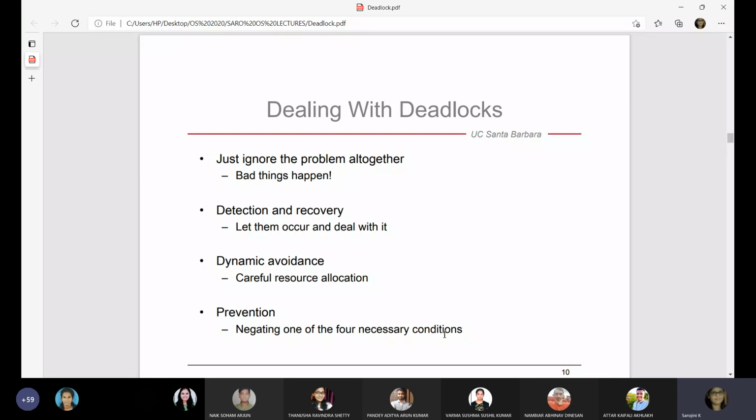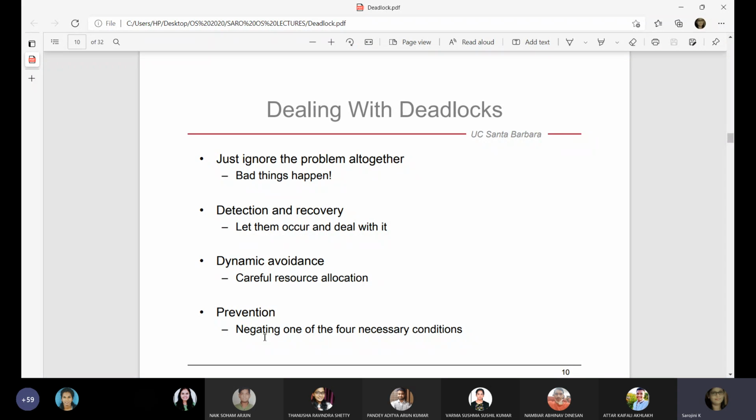If we release any one of them, the deadlock will not occur. That means either we should not implement mutual exclusion, or we have to put the system in a preemptive mode. Through that, we can prevent the deadlock.